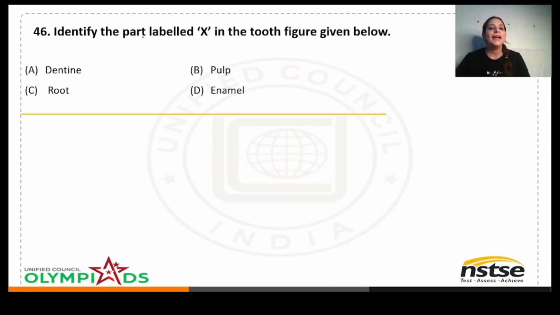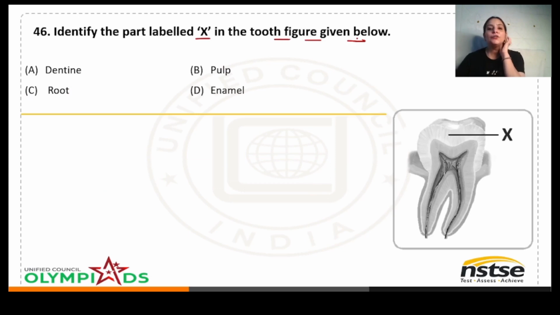Next question. Identify the part labeled X in the tooth figure given below. Here you have a tooth figure. So we need to identify this part X. So let me tell you, as you all know, this is a structure of tooth and it is also mentioned in the question. So the upper part of tooth is called as crown. It is made up of enamel, the hardest substance present in our body.